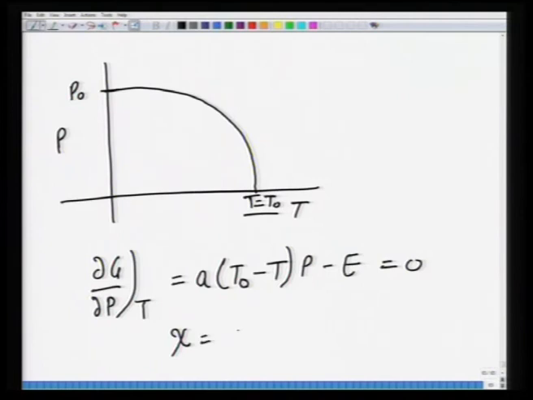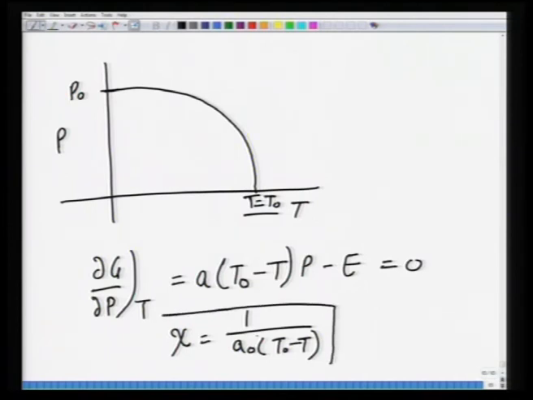So chi will be equal to P by E, this will be equal to 1 divided by A naught into T naught minus T. So, this will be chi.